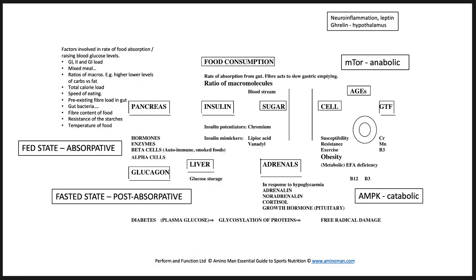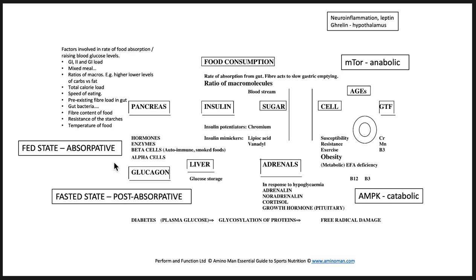Reminder, and I think there is an advantage in delving back into these things, and humans do really well from a learning perspective when you're exposed to repetition. So here we have factors which will influence the rate of absorption of food into the body, into the stomach, into the blood.